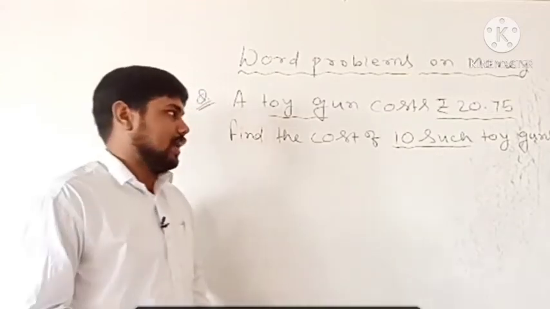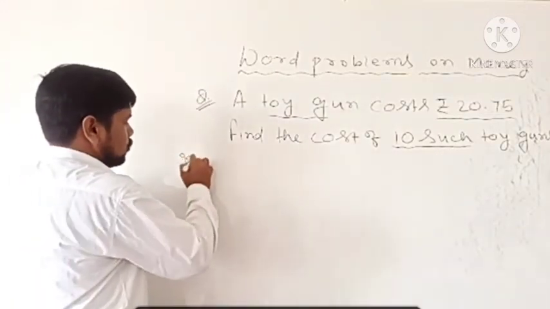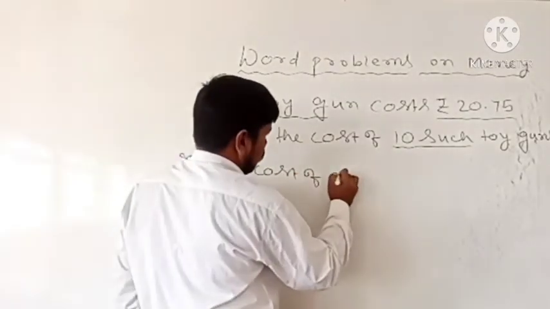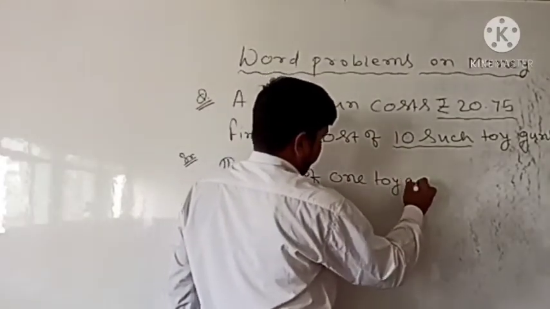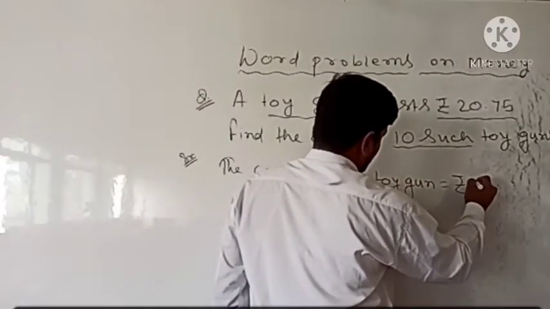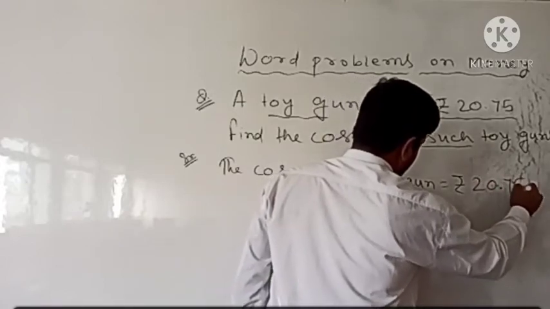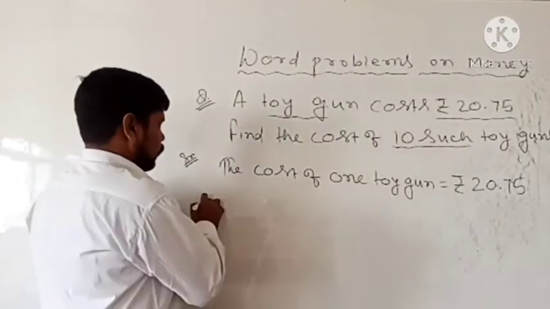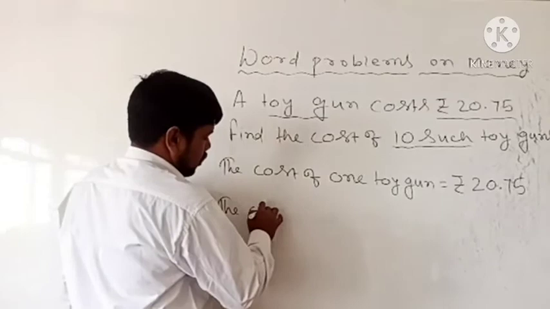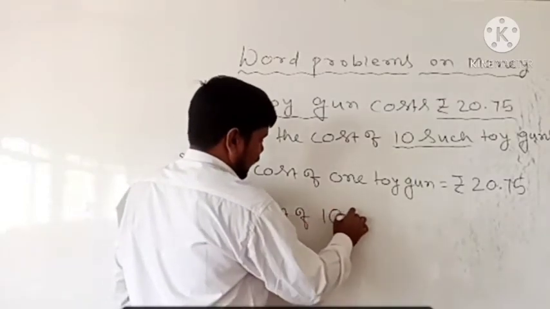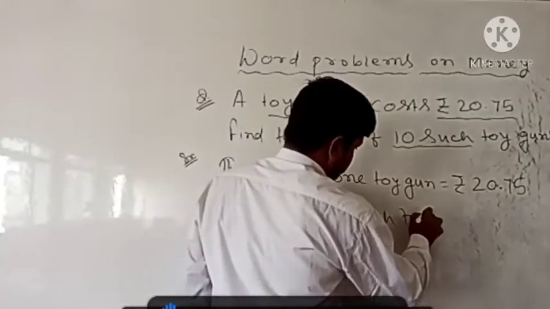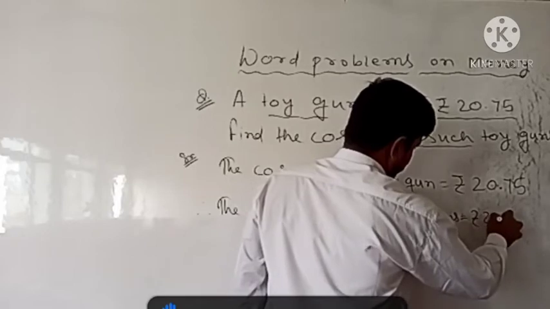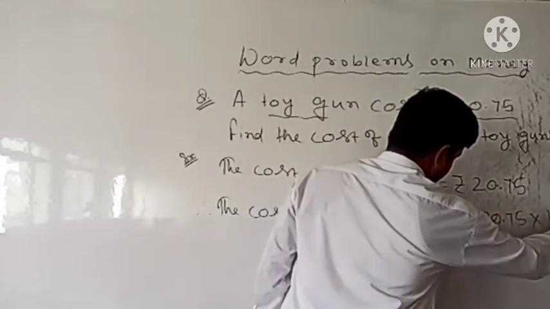So here we can do the solution like this: the cost of one toy gun is equal to ₹20 and 75 paise, and therefore the cost of 10 such toy guns will become ₹20.75 multiplied by 10.